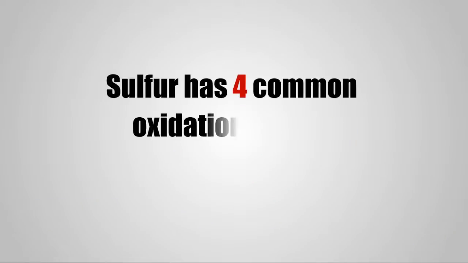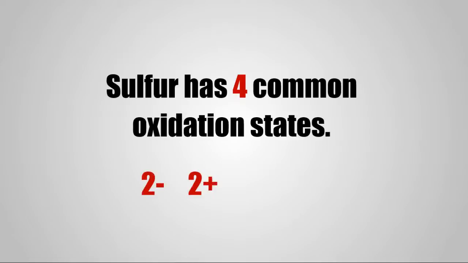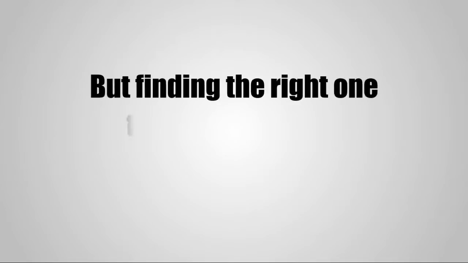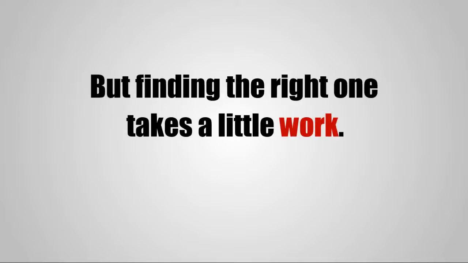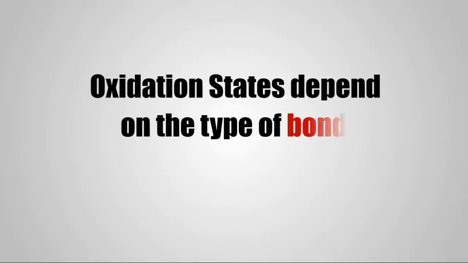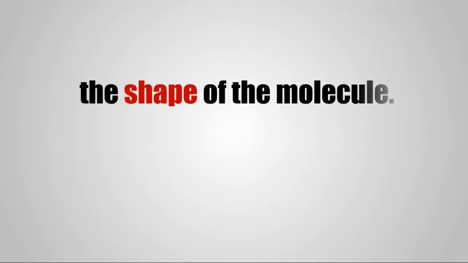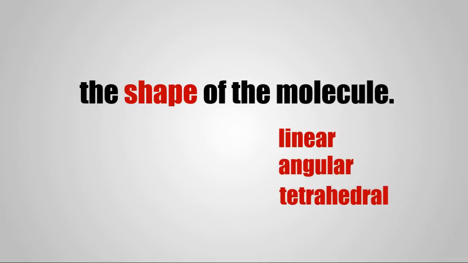Now, sulfur has 4 common oxidation states: 2 negative, 2 positive, 4 positive, and 6 positive. But 2 negative is the most common. But finding the right one takes a little bit of work. Oxidation states depend on the type of bond, such as ionic or covalent, and it depends on the shape of the molecule, like linear, angular, and tetrahedral.